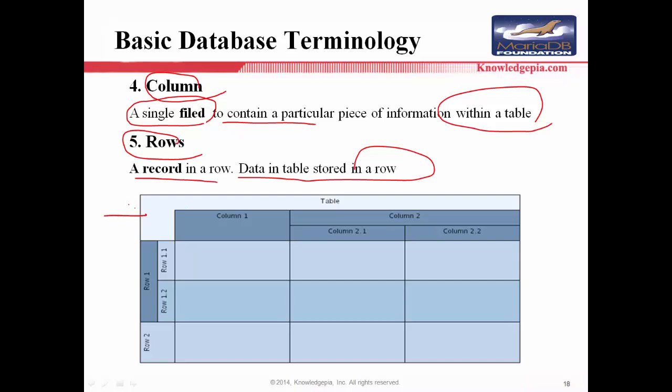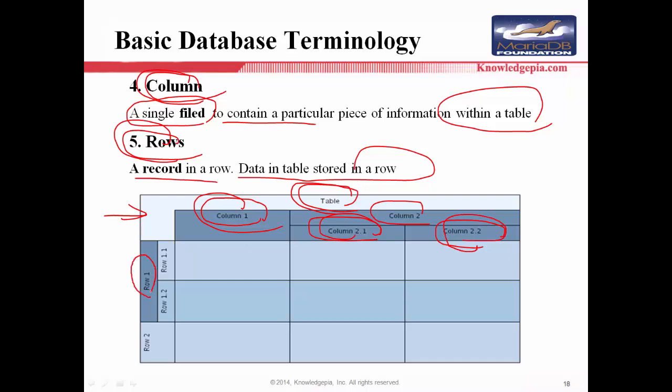If you see this picture, this is a kind of table. So a table needs two properties: columns and rows. Here, this table has column 1 and column 2, and column 2 is divided into column 2.1 and 2.2. So in total, there are 3 columns.